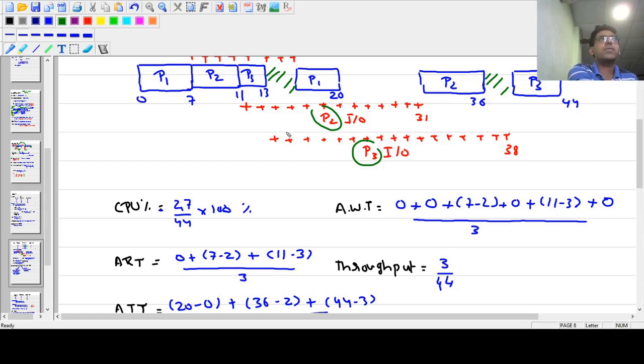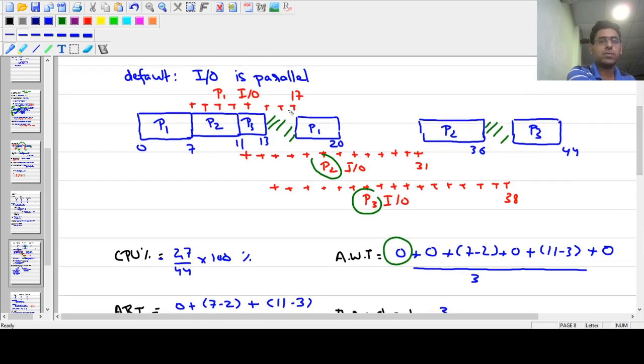Now what is the average waiting time? Average waiting time is the total waiting time in the ready queue. For the first time it has to wait, we have already computed: 0, 7 minus 2, 11 minus 3. But again, for process P1, the second time, as soon as it completes its input output operation, it gets the CPU burst, so it has to wait again for 0 time.